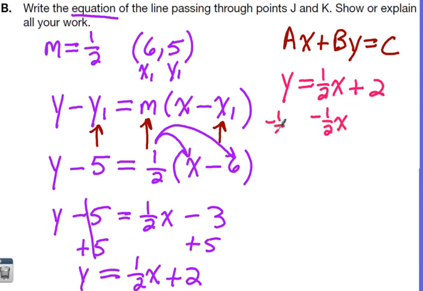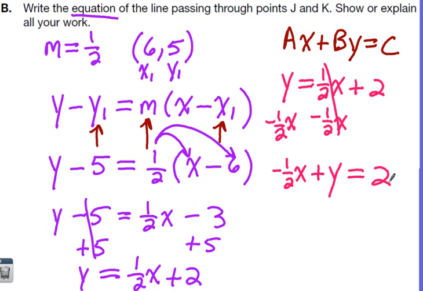We subtract it away from the right side. And again, we want the x term first, so we're going to put negative 1/2 x plus y equals 2. So we just moved the x term from the right side to the left side, so it can be in the proper order of standard form, okay?